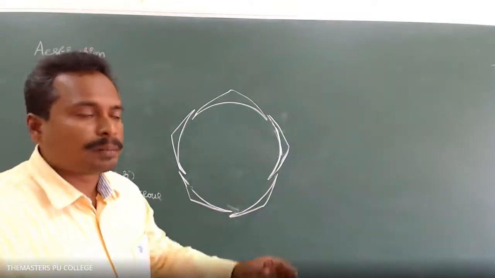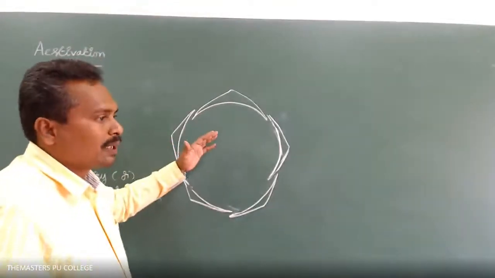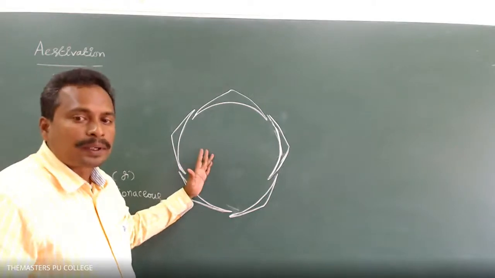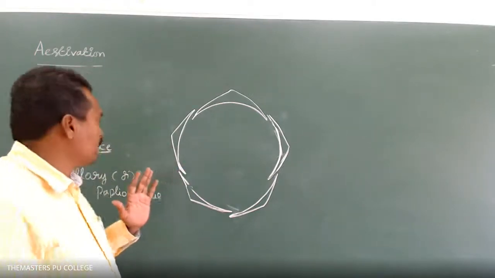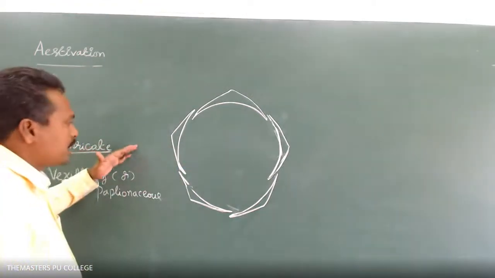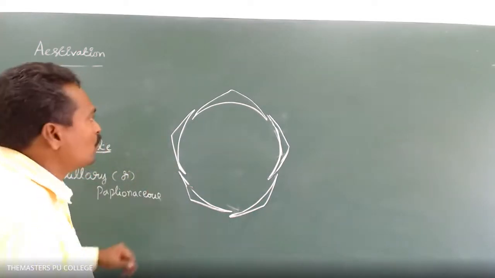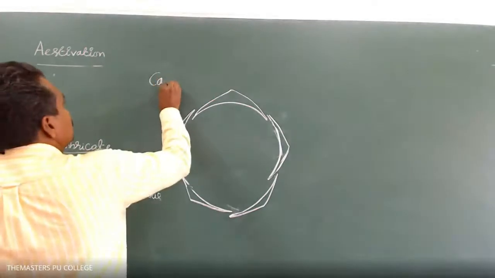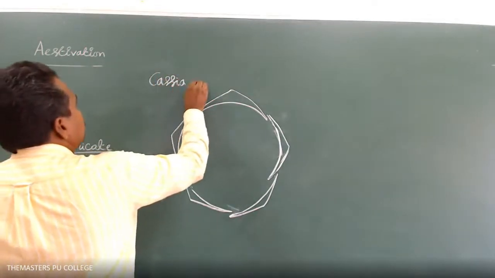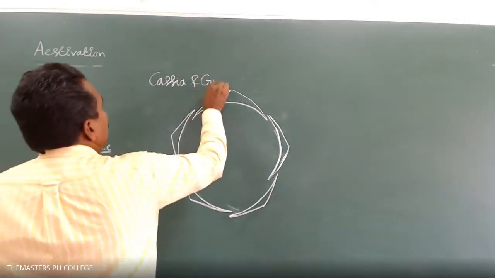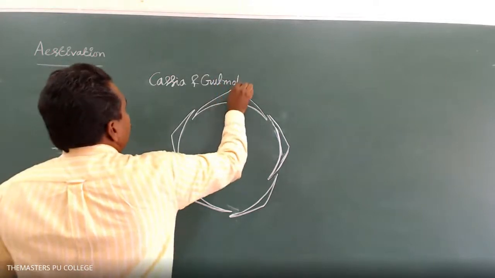Whereas in imbricate type of estivation, the overlapping is there, but not in any particular direction. So imbricate type of estivation is seen in Cassia and Gulmohar flowers.